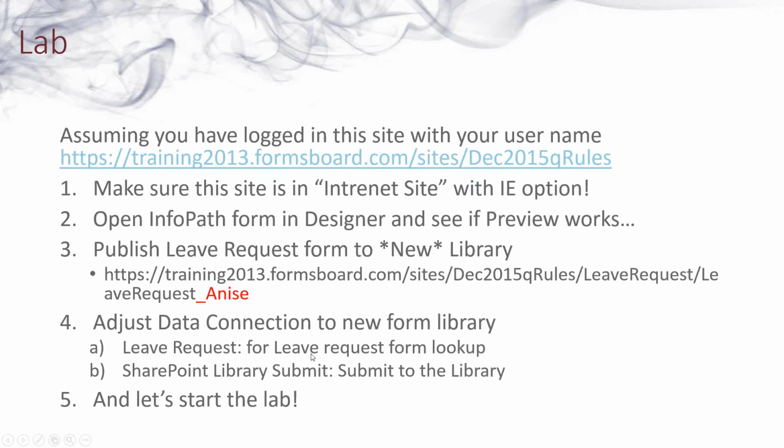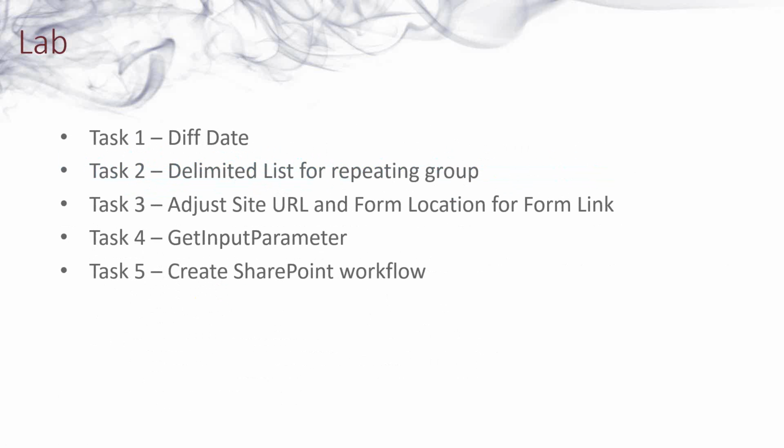There is one data connection to look up and another data connection to submit. And the lab material contains how you can try date diff. This is task 1, the date diff with delimited. Task 2 is the delimited list.